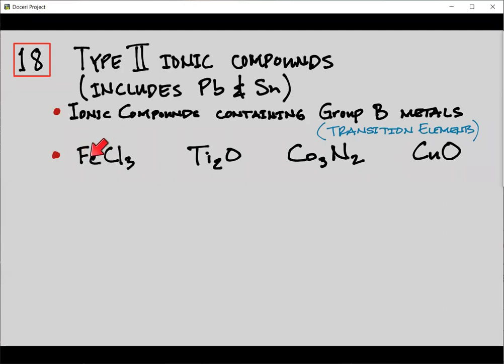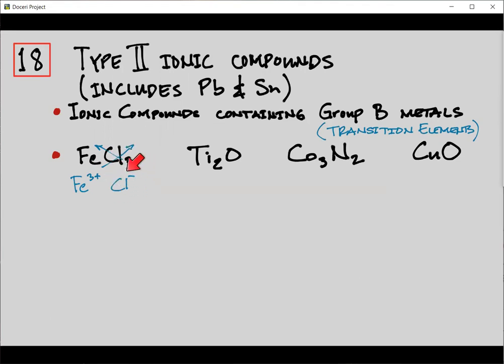For iron, for example, you can have a +2 or +3. Titanium, you can have +2, +4. Cobalt, +1 or +2, and so on. And so if you reverse the crisscross, you can get the charge on that metal. So the 3 goes up here, so you have Fe3+, and then chloride -1.